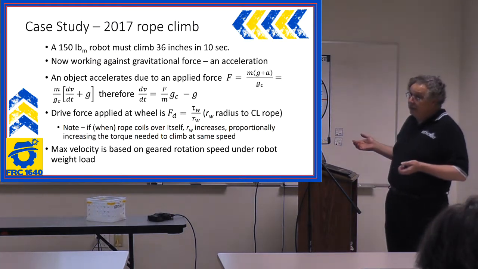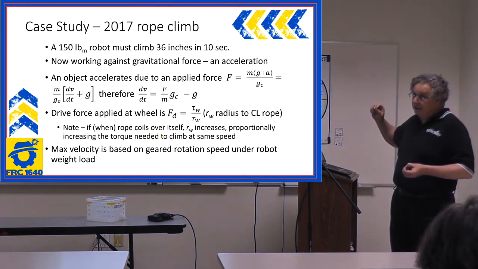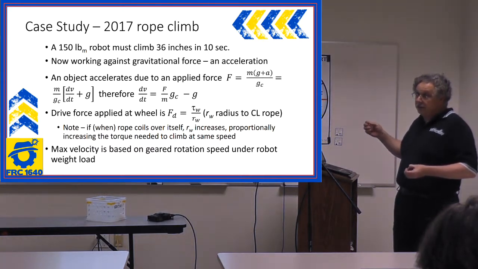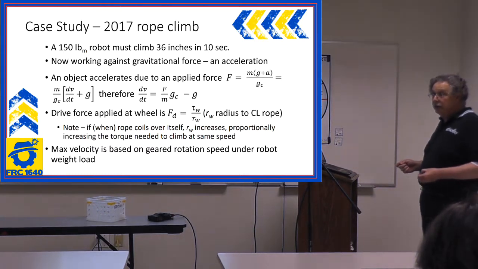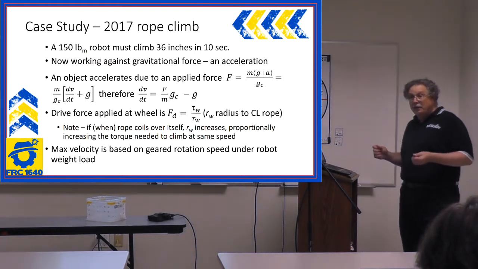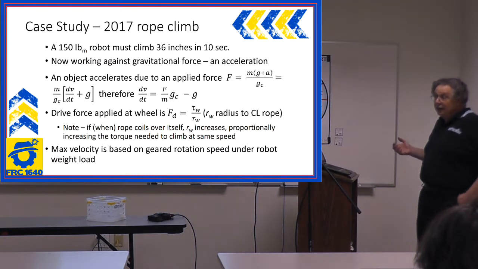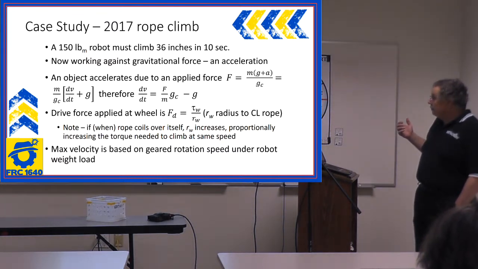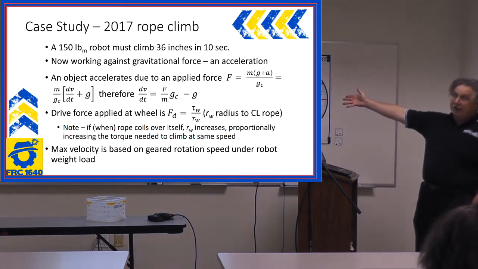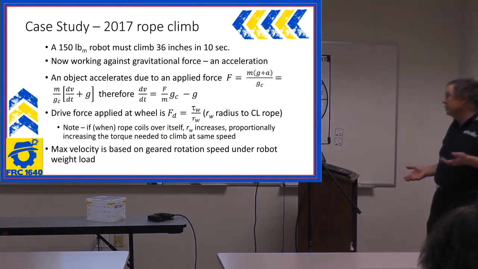All G sub c does is, in English units, we use pounds for two things. We use pounds for force, we use pounds for mass. We pretend that they're the same thing. They're not. G sub c makes that conversion so that we're consistent in our units.